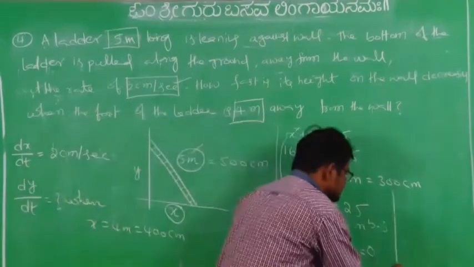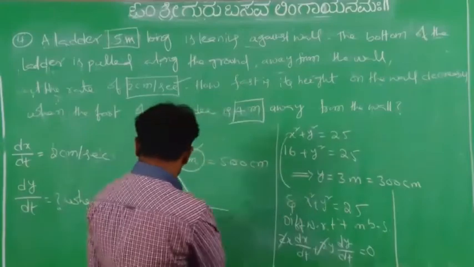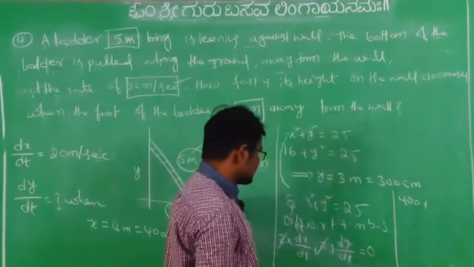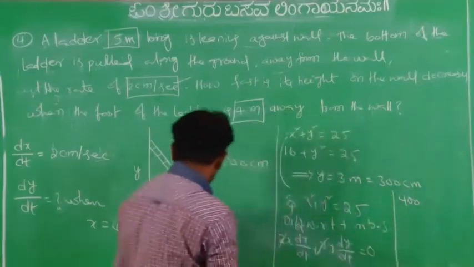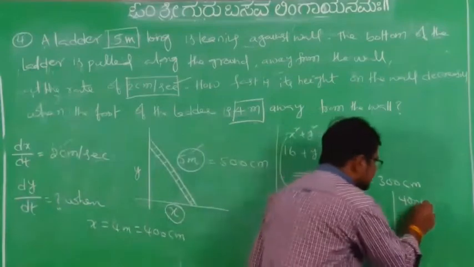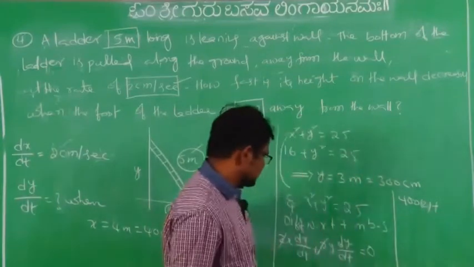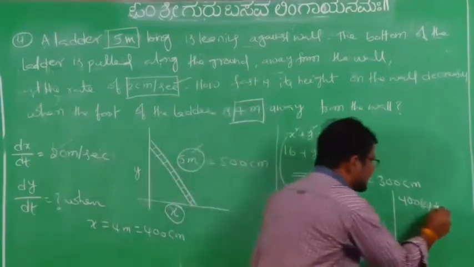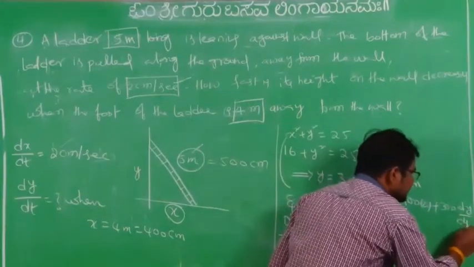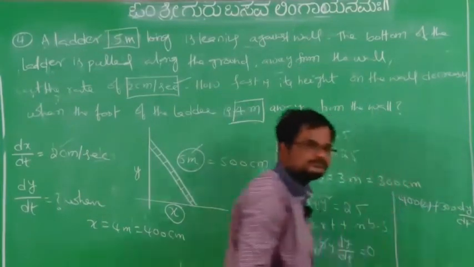Substitute the values. x is 400 into dx by dt, also they given dx by dt is 2 in terms of centimeters, plus y 300 into dy by dt equal to 0.